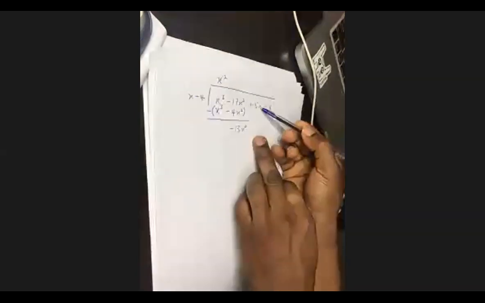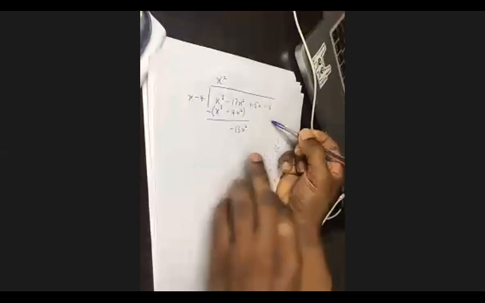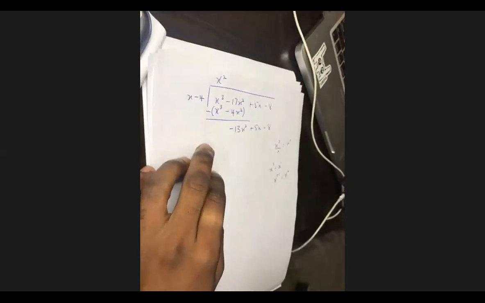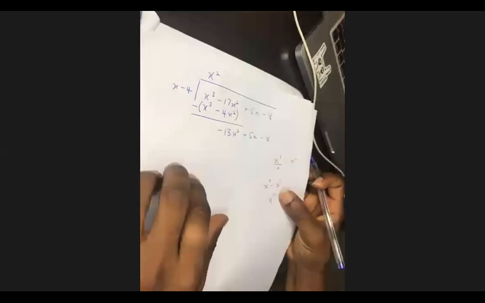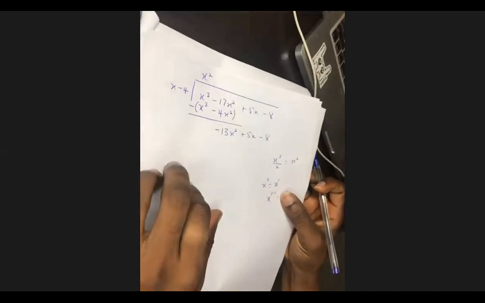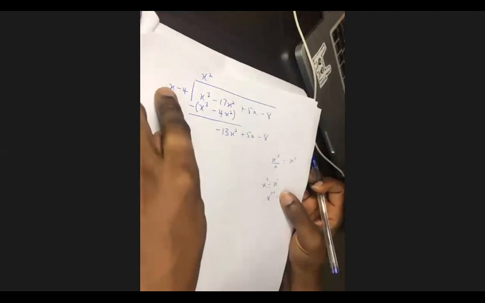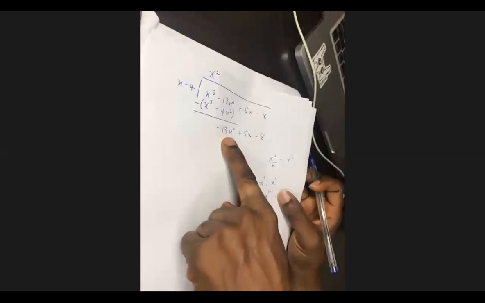Now I can bring all the values I have left. So the plus 54x comes down, and then minus 8 follows. So this is what I have. Now my next step, I pick the x again, and then I check the number of times the x is going into this negative 13x squared.